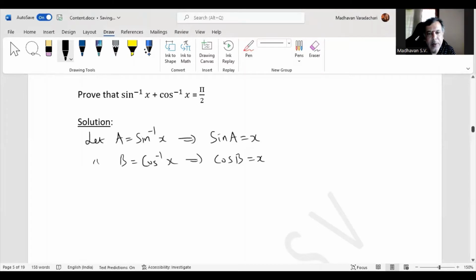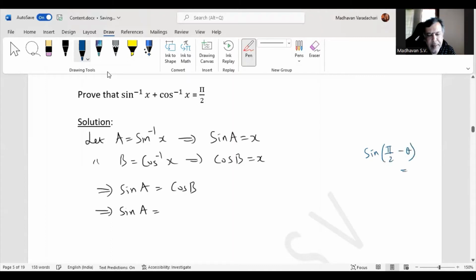Since both are equal to x, we can equate sine A to cos B. Now there is a trigonometric identity which says sine of pi by 2 minus theta is nothing but cos theta.